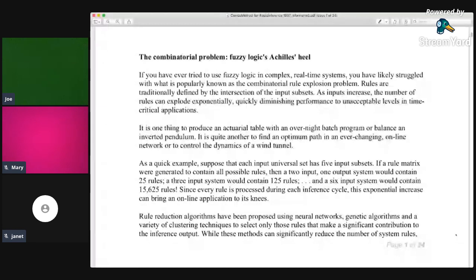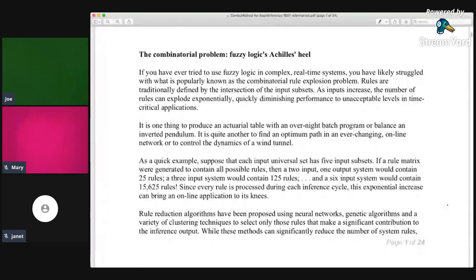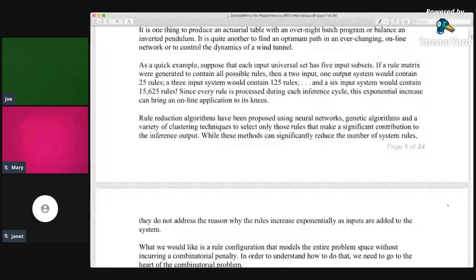And when he was working with fuzzy logic and looking at inference systems and rule sets, he, like many other people, came across this problem of the explosion of rules. And the explosion of rules basically comes from the fact that there's a lot of uncertainty.